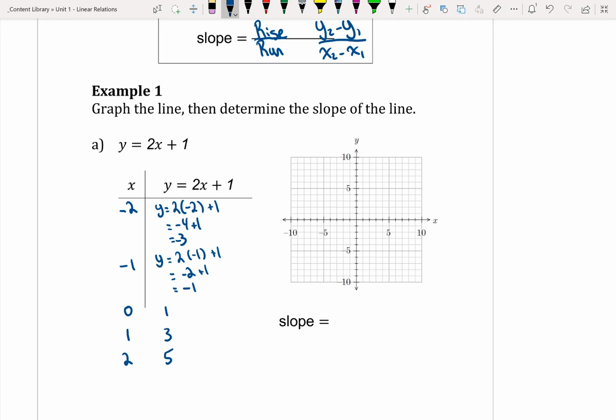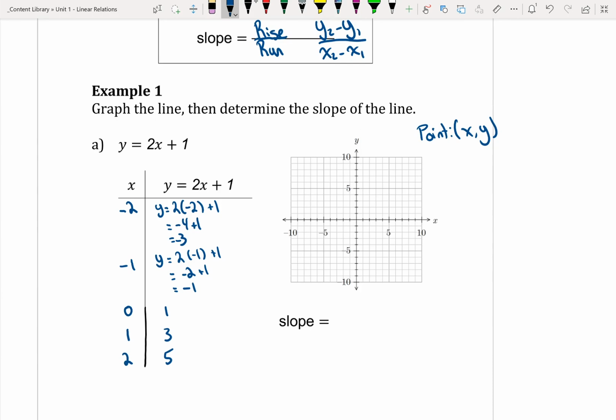Now that I've completed my table of values, I can go through and plot these points on a graph. Again, remember, a point on a graph is a coordinate of x and y. x tells us the horizontal, y tells us the vertical.